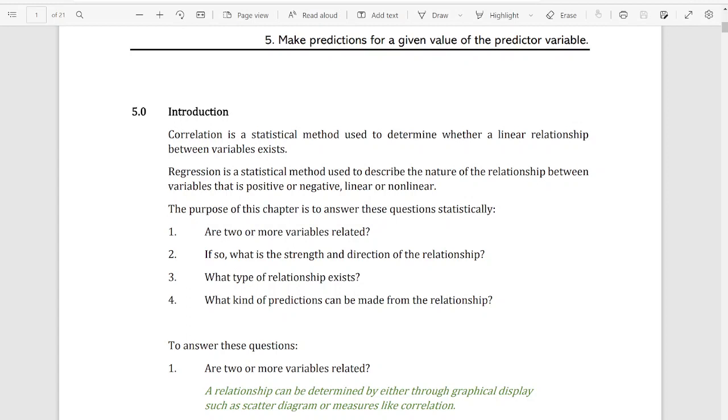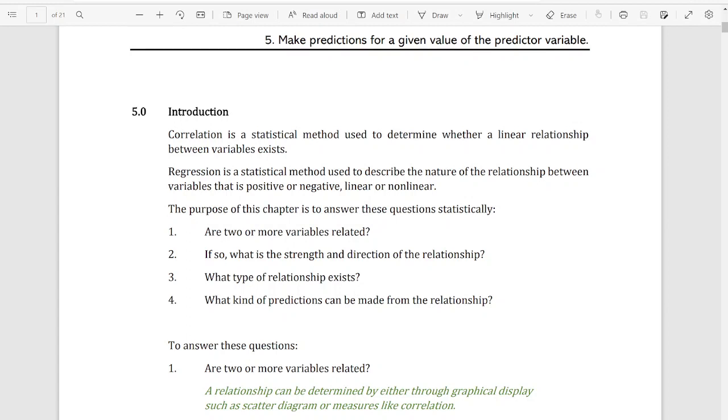So bila parametric, kita hanya boleh melibatkan pemboleh ubah yang bersifat numerical, kuantitatif. So that means if you have one is categorical, the other one is quantitative, kita tak boleh buat, kita tak masuk dalam syllabus ni. Yang tu kita boleh buat dengan menggunakan kaedah yang dipanggil sebagai Spearman rank correlation. Tapi yang tu tak ada dalam kita punya syllabus.